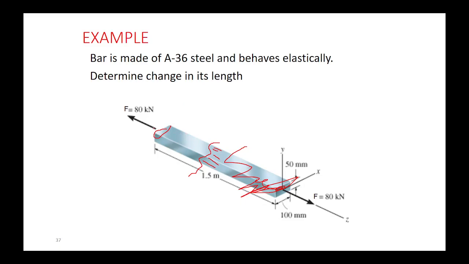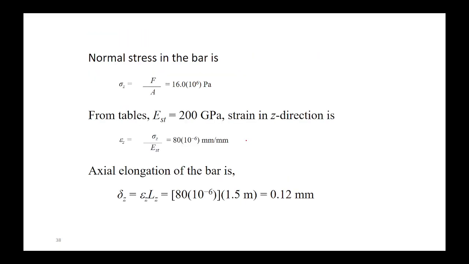Which forces balance this effect? Atomic bonding forces, which should be equal to 80 kilonewtons. So 80 kilonewtons divided by the cross-sectional area gives the result, 16 megapascal.